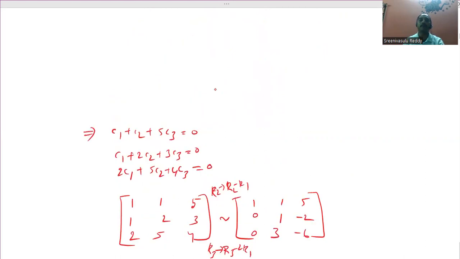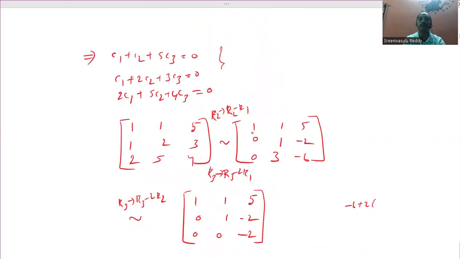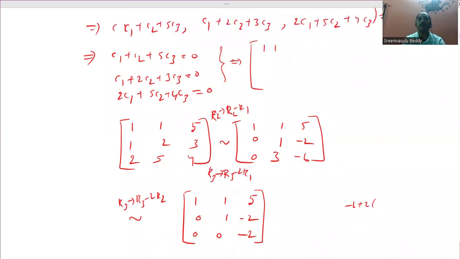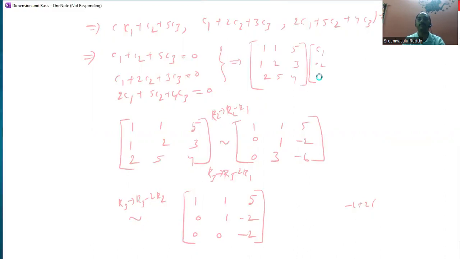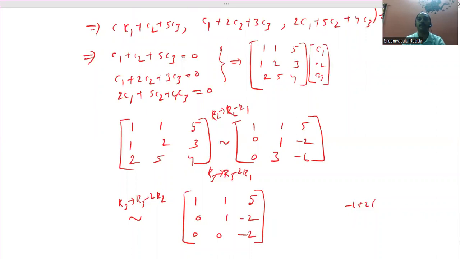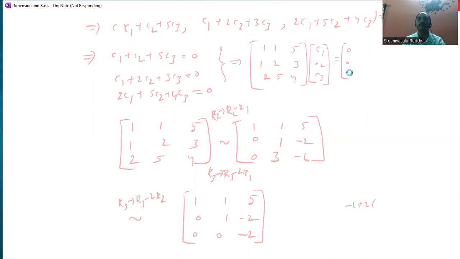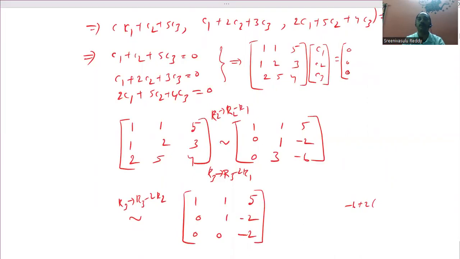Actually, this system of equations written in matrix form becomes 1, 1, 5, 1, 2, 3, 2, 5, 4 into C1, C2, C3. These values are 0, 0, 0. Okay. Later I solve this.